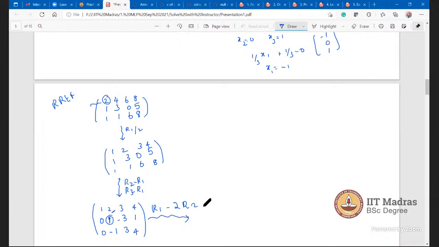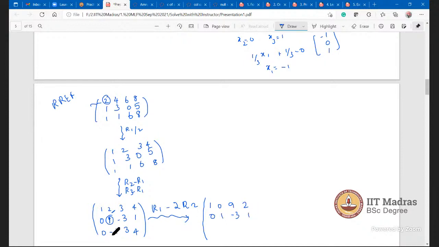Bear with my handwriting. 1 minus 0 is simply 1. 2 minus 2 will be 0. 3 minus 2 times minus 3 is 9. And 4 minus 2 is 2. Now you will get 0, 1, minus 3, 1.